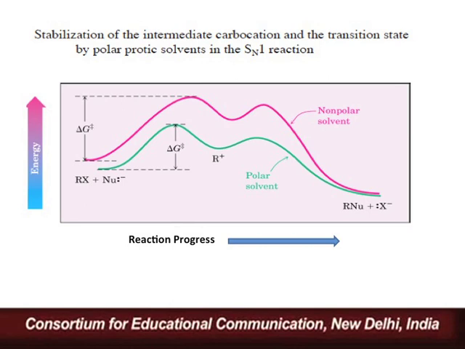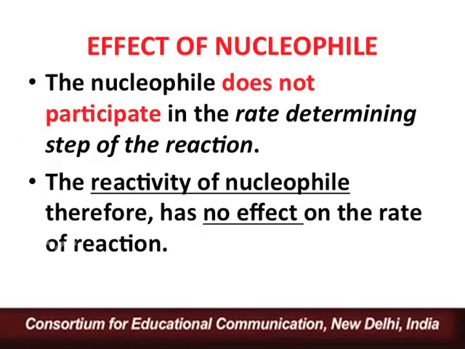This stabilization effect is not possible in non-polar solvents. Now if we look into the effect of nucleophile on the rate of the reaction, then we know that the nucleophile does not participate in the rate determining step of the reaction. Hence, the reactivity of the nucleophile has no effect on the rate of reaction.